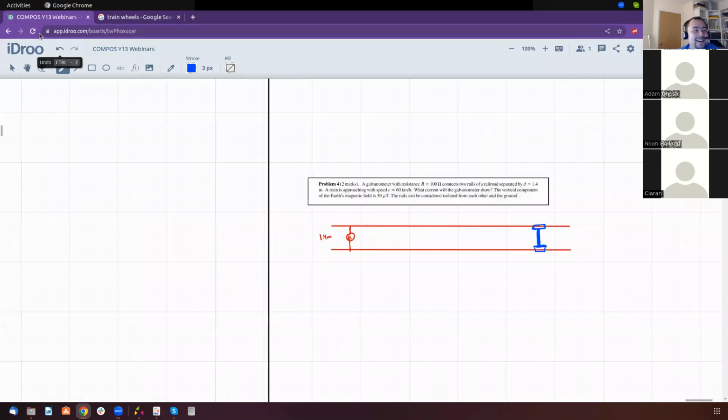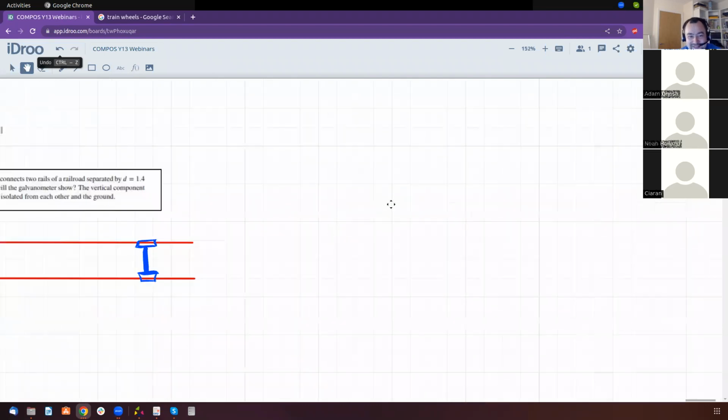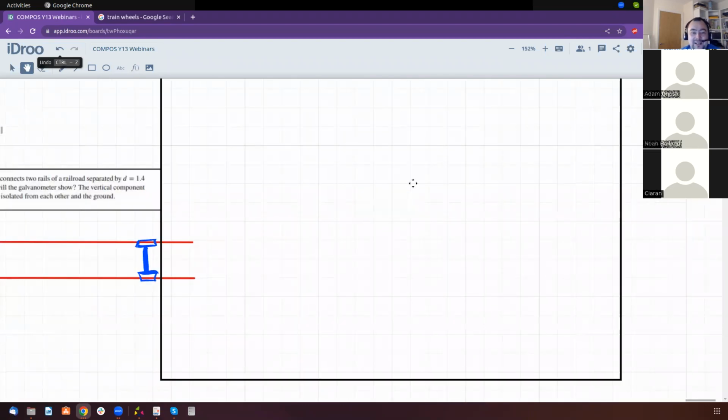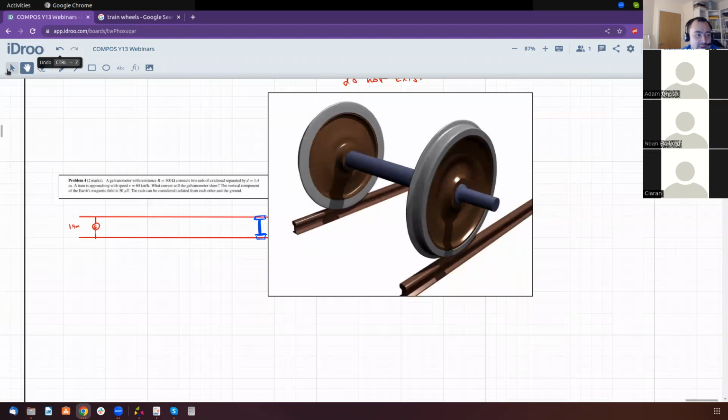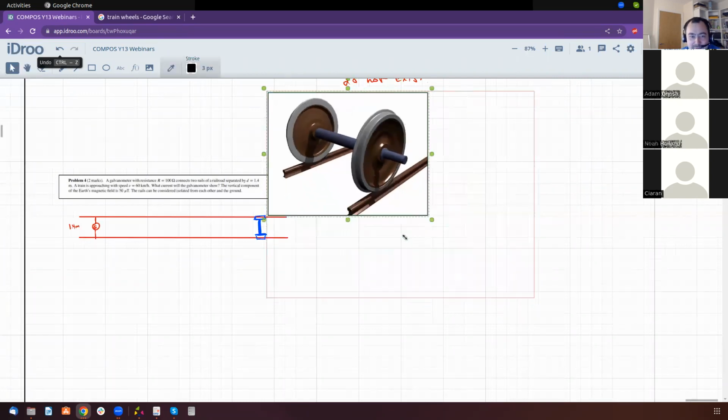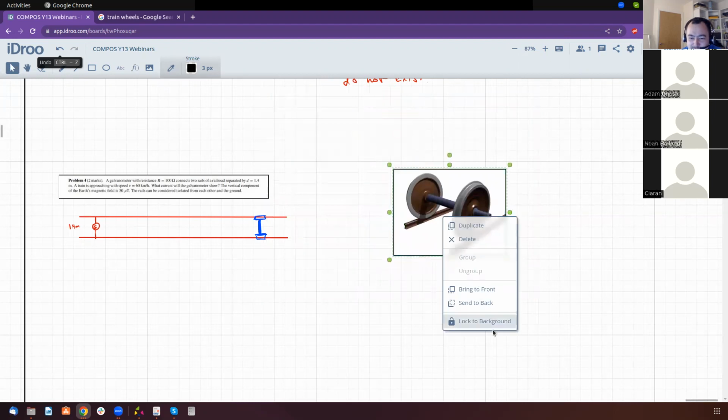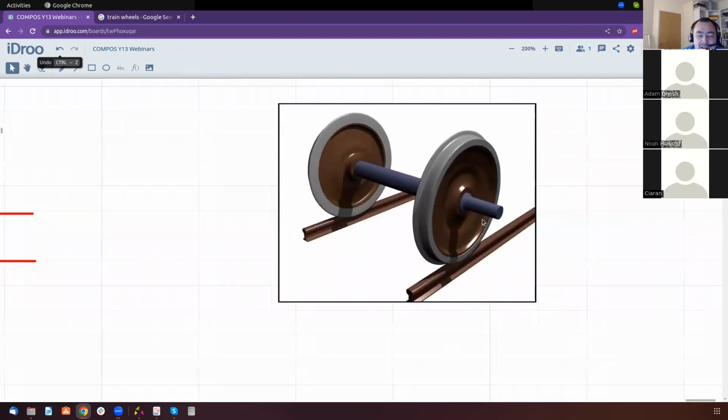So just Google Richard Feynman train wheels, and there's a fantastic explanation. I don't want to go too deep into this. The rims are just a safety feature. They have nothing to do with the train staying on track, except in really bad circumstances. The actual reason is that the wheel is slanted.